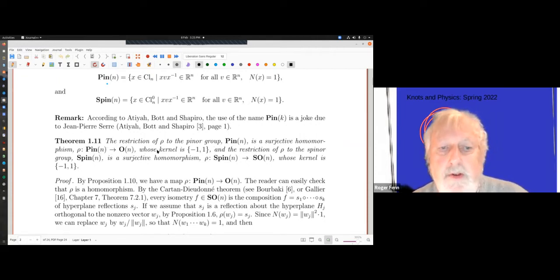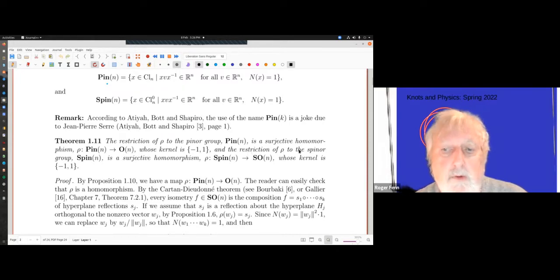Now, the theorem is that the restriction of rho, remember rho is the map which sends the Pin group to orthogonal transformations of Rn by this map here, and the kernel is {-1, 1}.